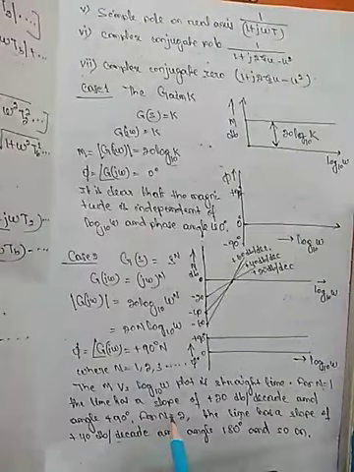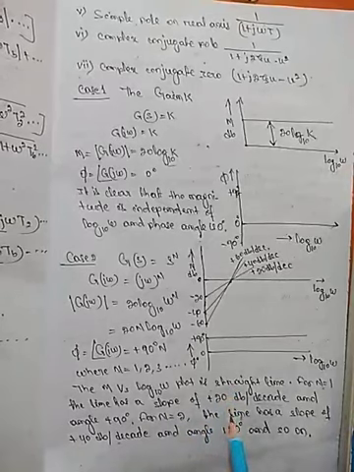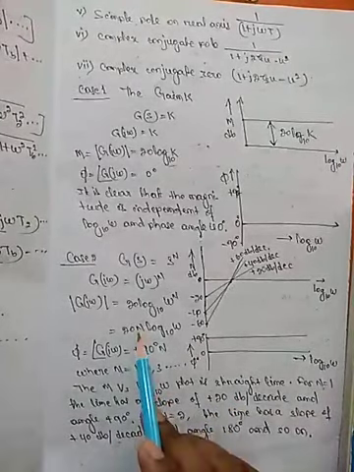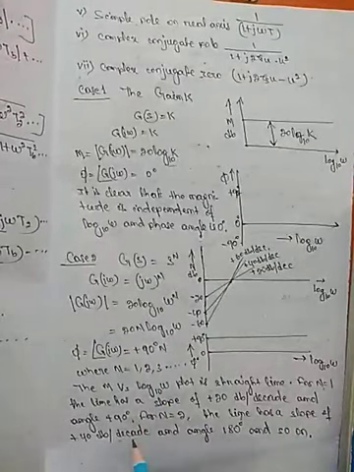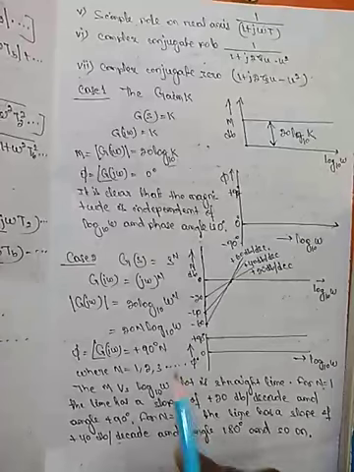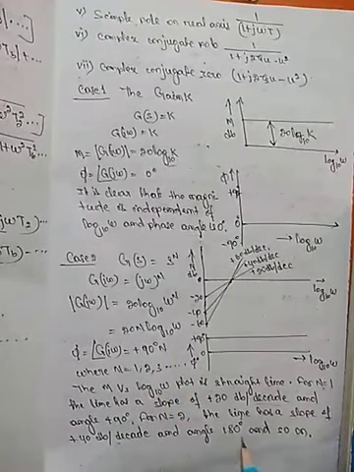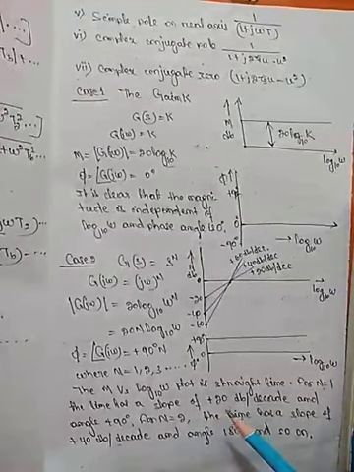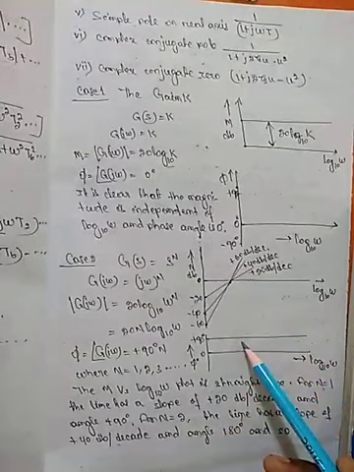Similarly, for n equal to 2, the straight line has a slope of plus 40 dB per decade, and angle is 90 into 2, which is 180 degree, and so on.